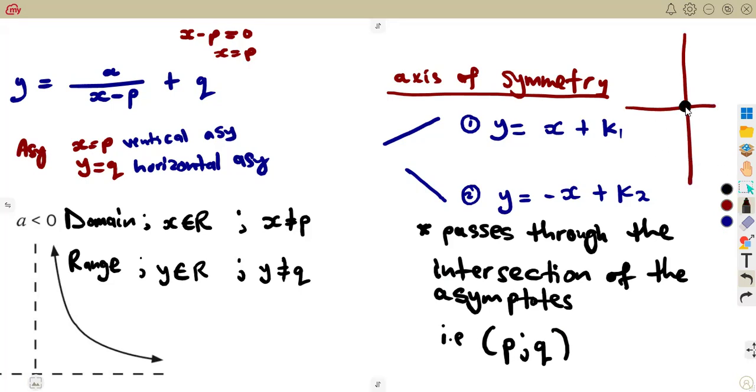They meet at a certain point. So maybe the point is 2, 3. That is the one we are referring to, the intersection of those asymptotes.